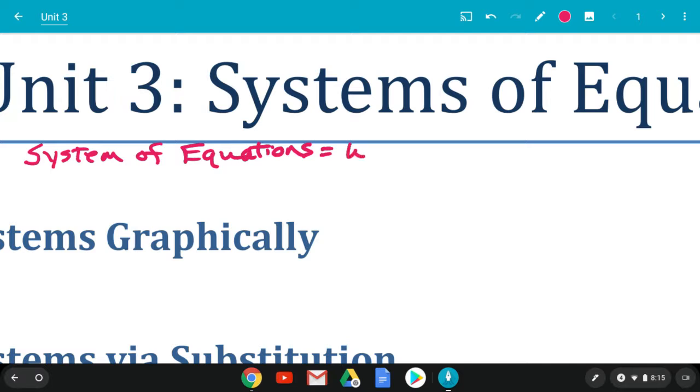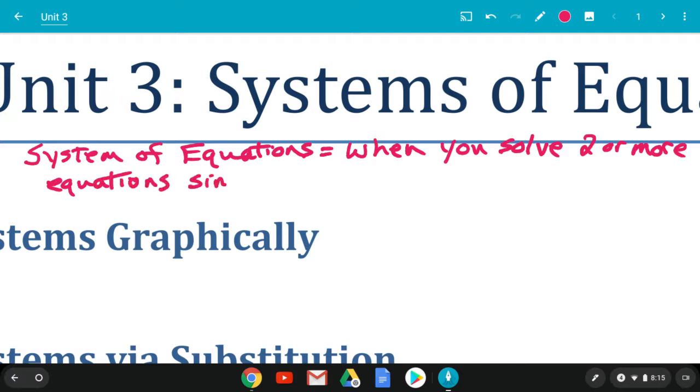Well, it is when you solve two or more equations simultaneously. Big word. What does simultaneously mean? At the same time. A system of equations is when you solve two or more equations simultaneously, at the same time.